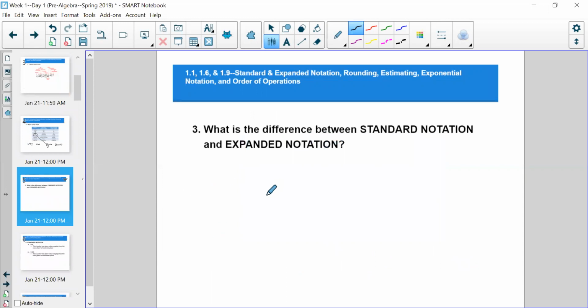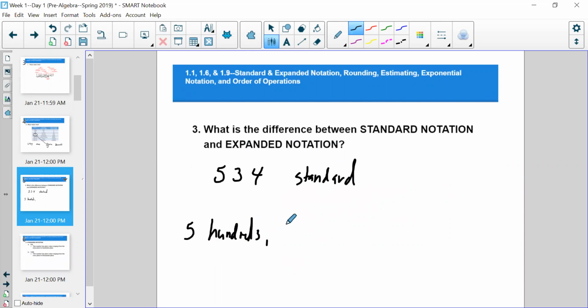Standard notation and expanded notation. So the differences here is you'll have, let's say, 534. This is what we would call your standard notation, and 5 hundreds, comma, 3 tens, 4 ones.